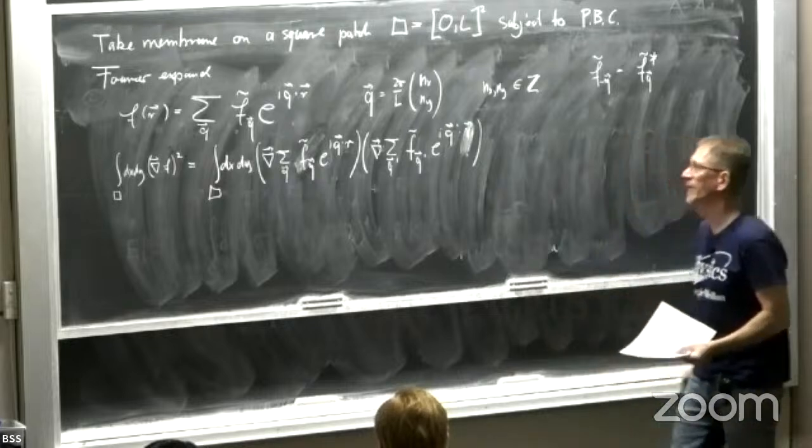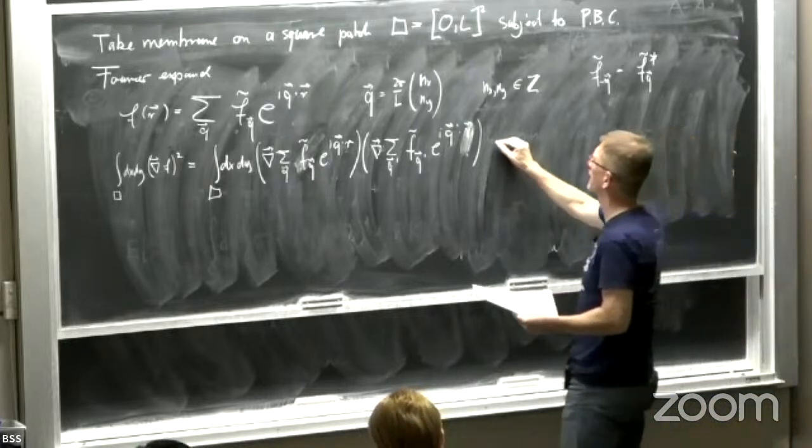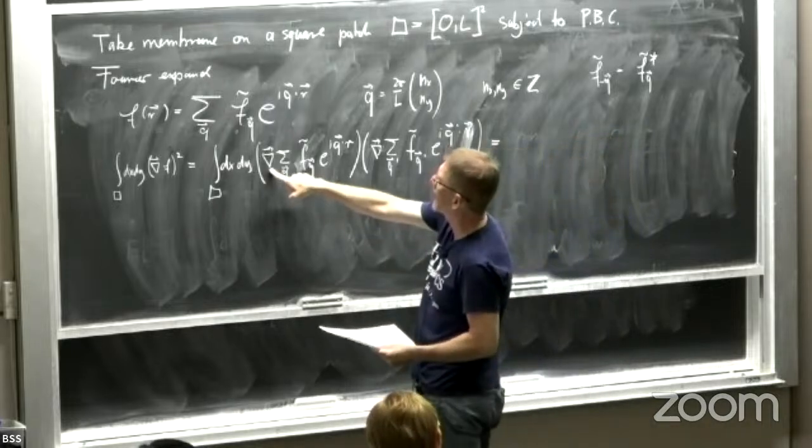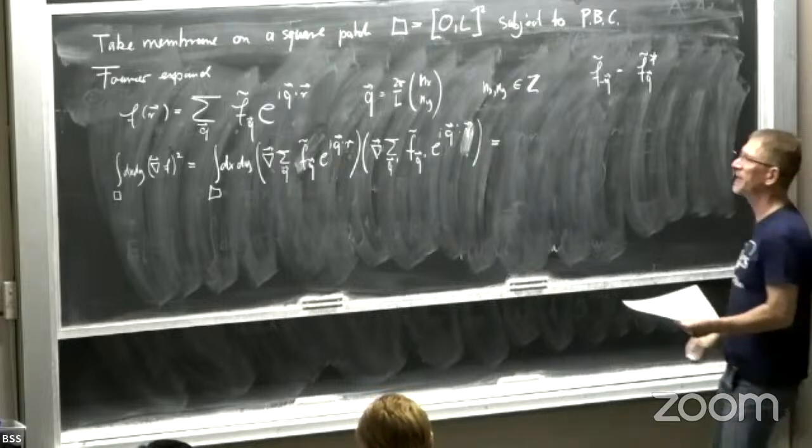Okay, so this I have to evaluate. The way to do it is to first let the grad act on here. So the grad of e to the iq·r is iq times e to the iq·r.